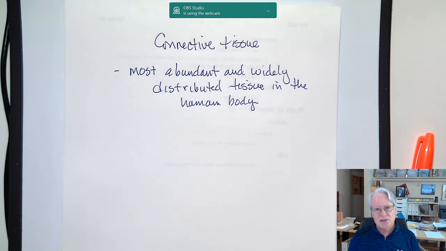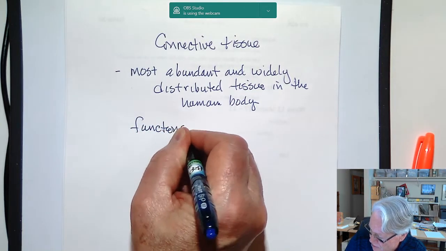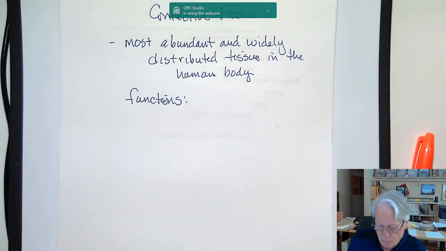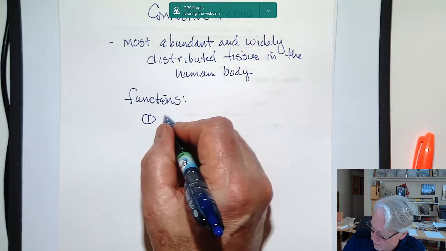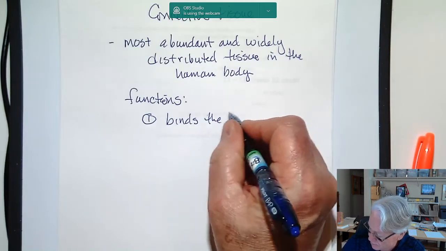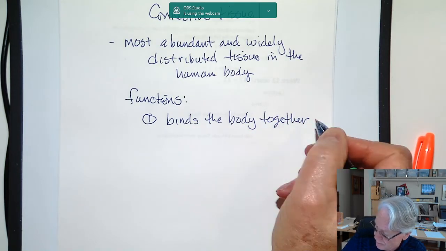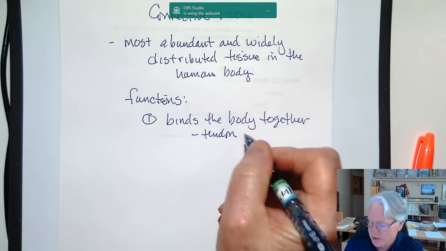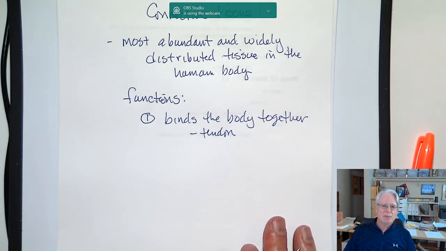Let's take a look at its functions, and we'll get into some of the details after that. So functions, what does connective tissue do for our body? It, first of all, binds the body together. So something like a tendon would be a good example of that, binding muscle to bone, or a ligament binding bone to bone.